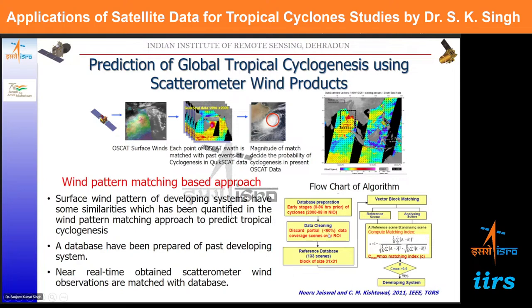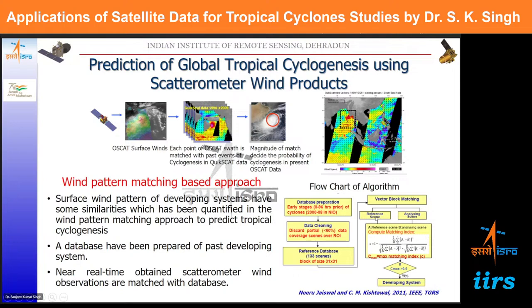Otherwise, if it was less than 60%, they discarded it. In the next step, they did not take the whole image but the image around the center, a block of size 31 by 31. In that domain, they cut the data and stored it in the database.